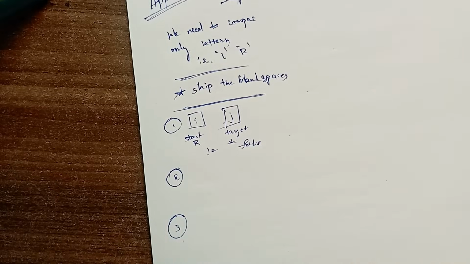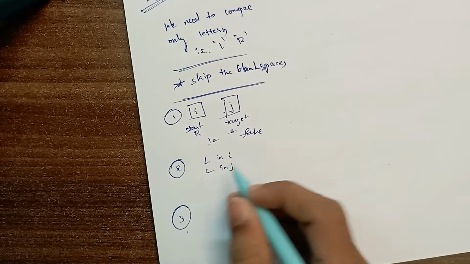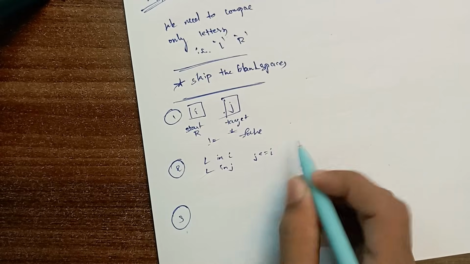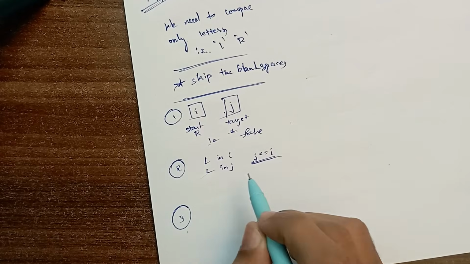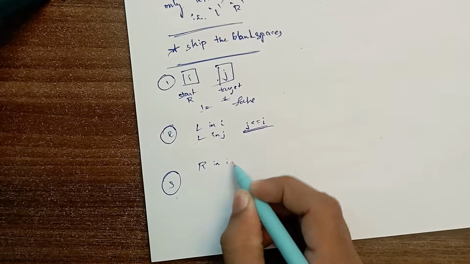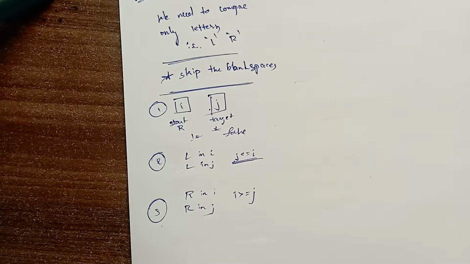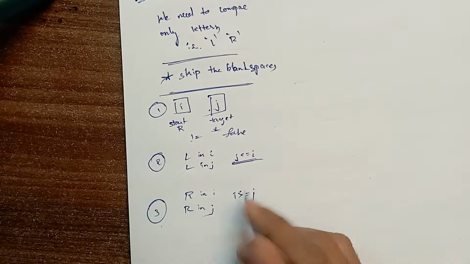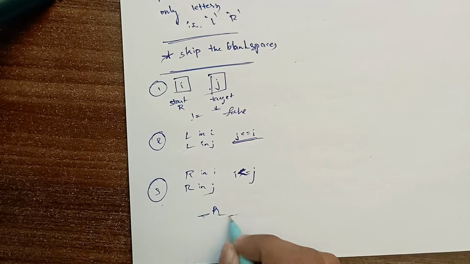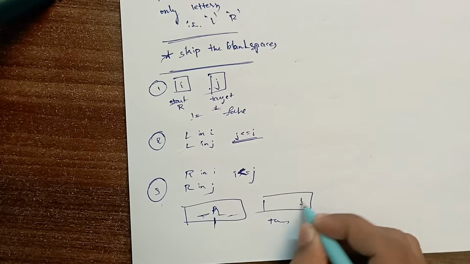The second condition is, if we got L at I and L at J, then J should be less than or equal to I. Now, R at I and R at J: I should be less than or equal to J. If we are at this position in start, then in the target it should be at or after this position.